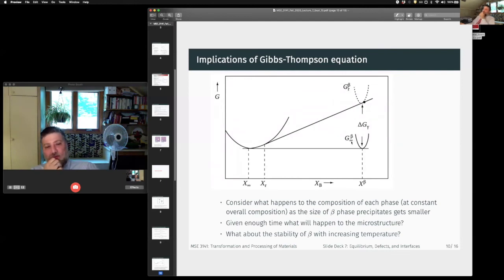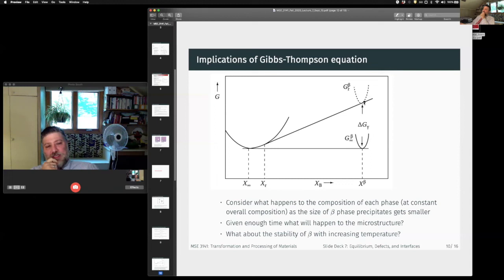Well, here's the Gibbs free energy for beta phase in the bulk, meaning a really, really large particle of infinite size. So we do our common tangent construction, and we see this is the composition of alpha, this is the composition of beta. As we make the particle smaller, our composition is going to change.